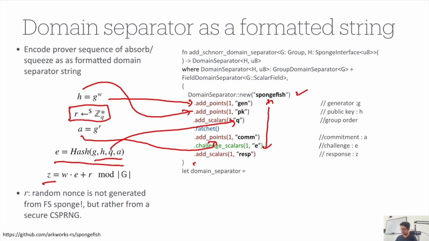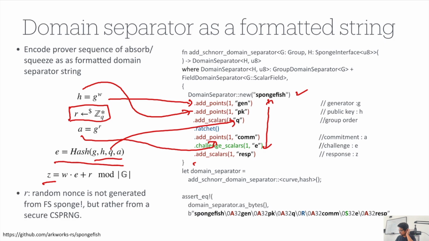So this, for example, generates a string of this format in Spongefish. Here I'm not yet doing any hashing, I'm defining an initial value. In the initial value, I've encoded the sequence of the Schnorr protocol as a formatted string with some specific prescription. Here the A stands for absorb, R stands for ratchet, and S stands for squeeze.